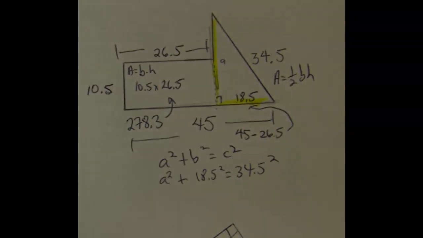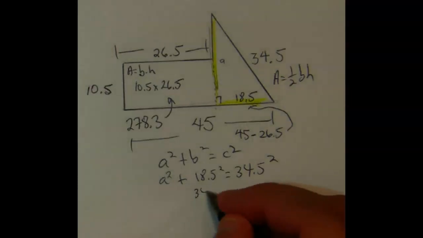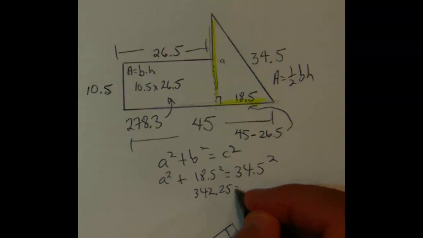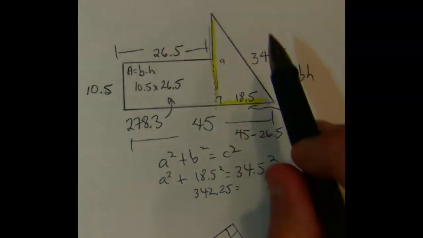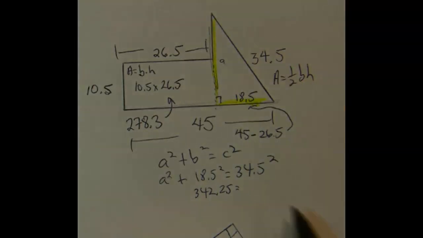All right, let's take our calculators. 18.5 squared gives you 342.25. Now I want you to keep your decimals here. It's just that when we find sides, we're going to go one decimal place.